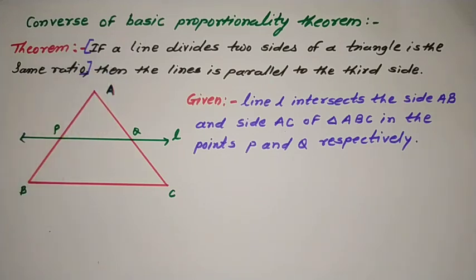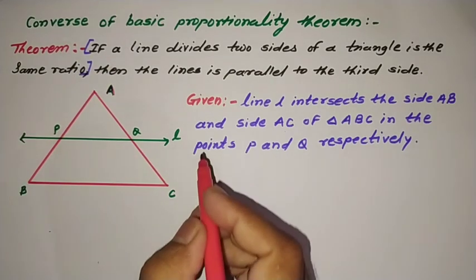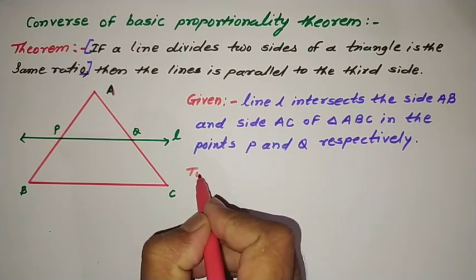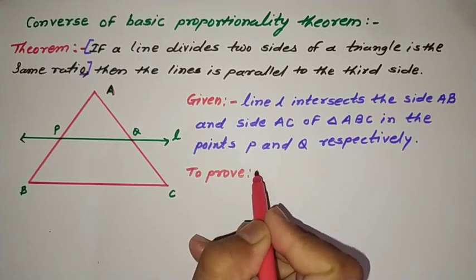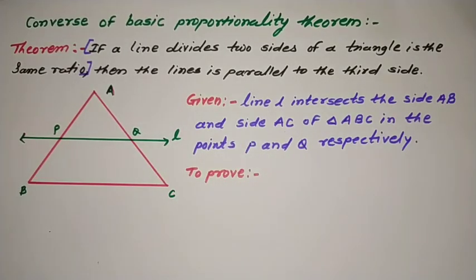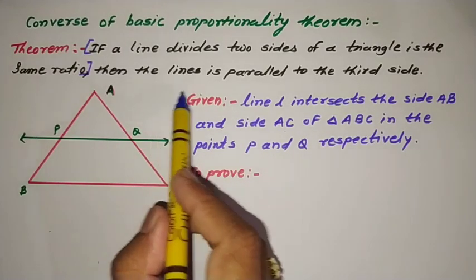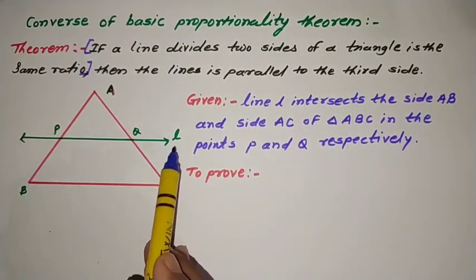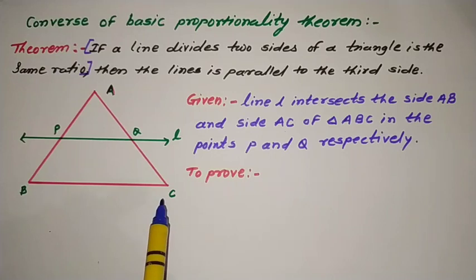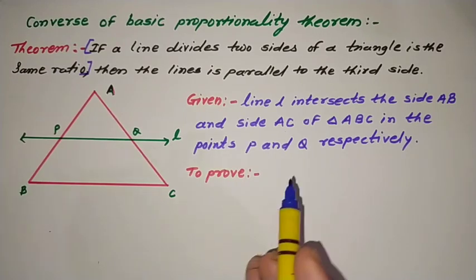Then to prove: the part after "then", the line is parallel to the third side. Line L is parallel to the third side, which is BC.